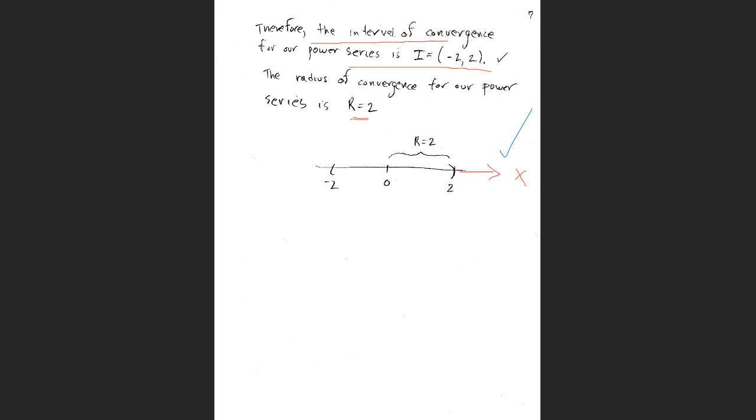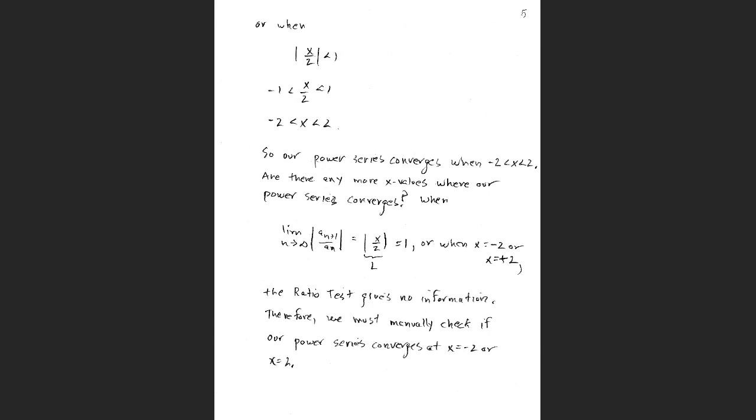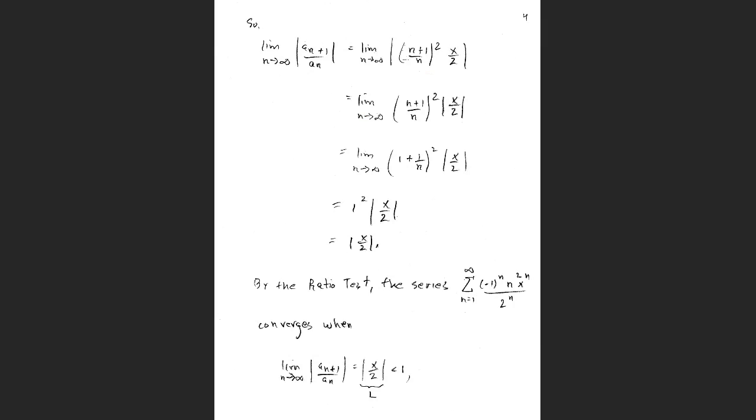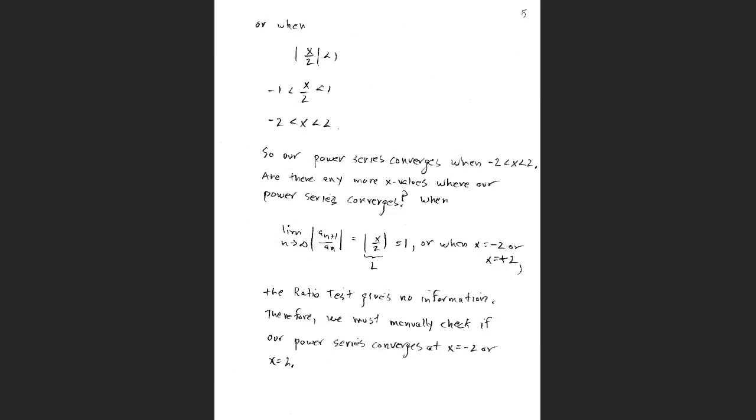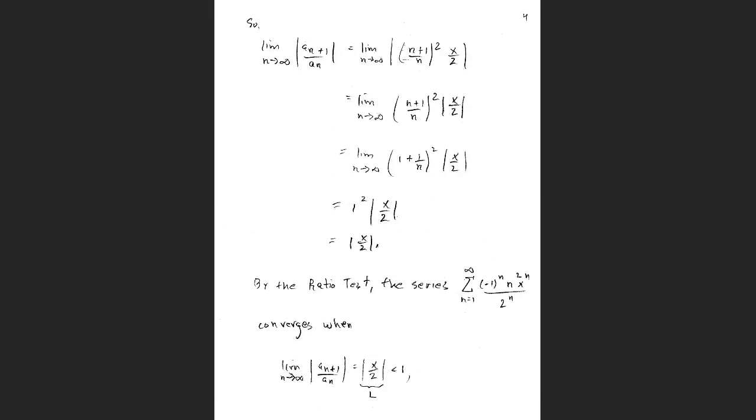Okay, so if I go back here, I've got to go back further. Yeah, so we agree that when the absolute value of the common ratio is less than 1, the power series converges for those values of x, right?